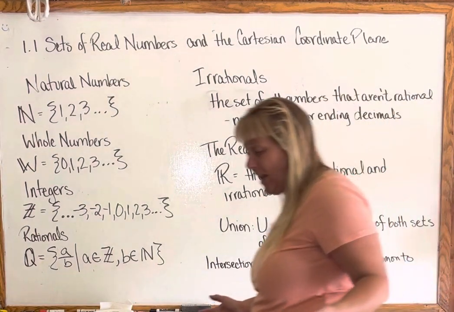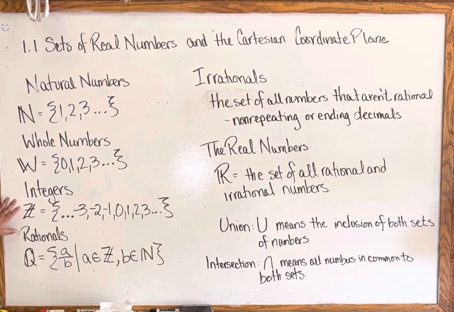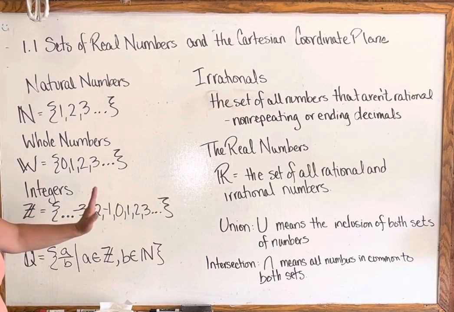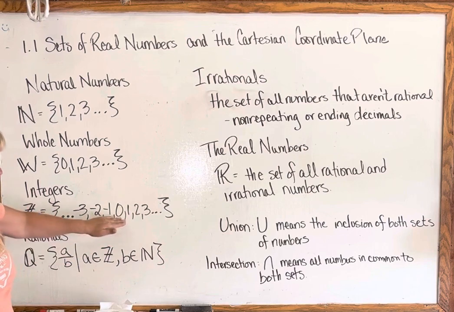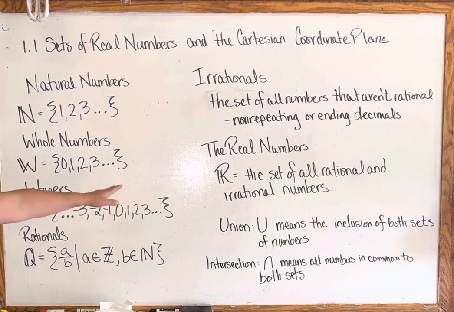I don't know why we changed it to integer, but Z. In this one, you notice it's got the dot, dot, dot in both directions. It's basically our regular counting numbers, then 0, and then our negative counting numbers, going in both directions to negative infinity and positive infinity. But up to there, these are all numbers that are not written as fractions yet.